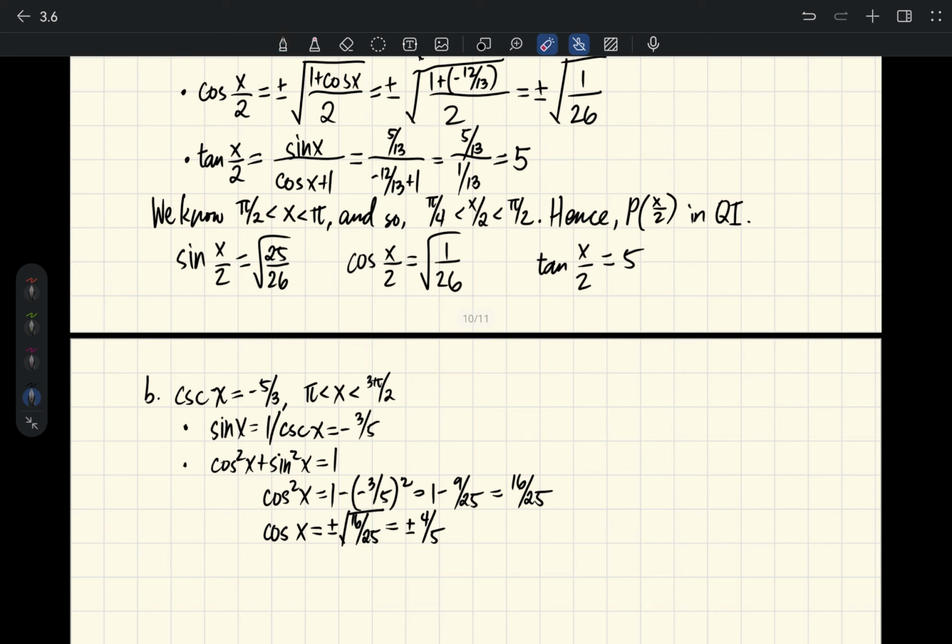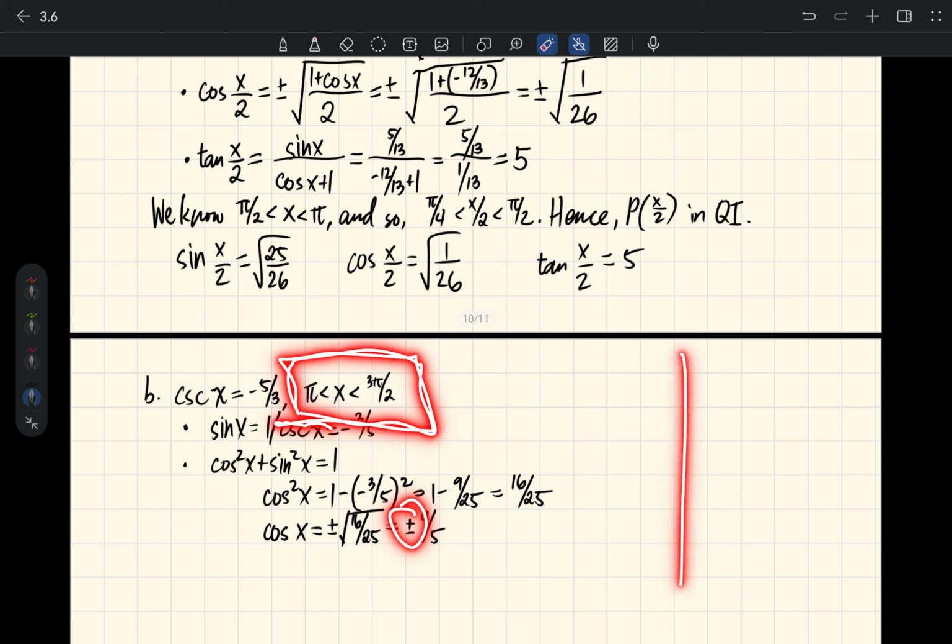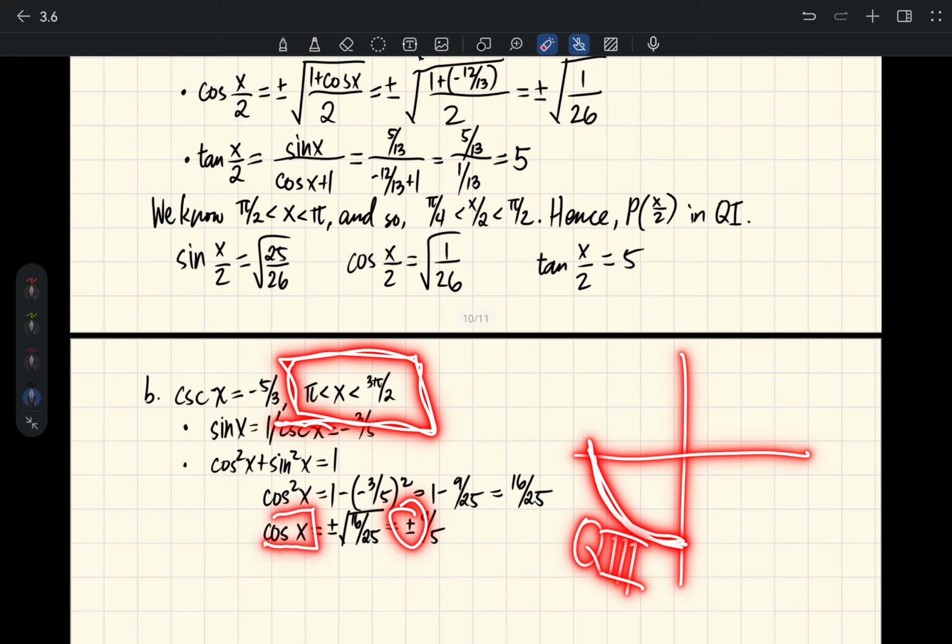Now, to identify whether to use the plus or the minus, we will just take note of this one right here. We know that x is in between pi and 3 pi over 2. So that means we're looking at the third quadrant. And in the third quadrant, both sine and cosine are negative.